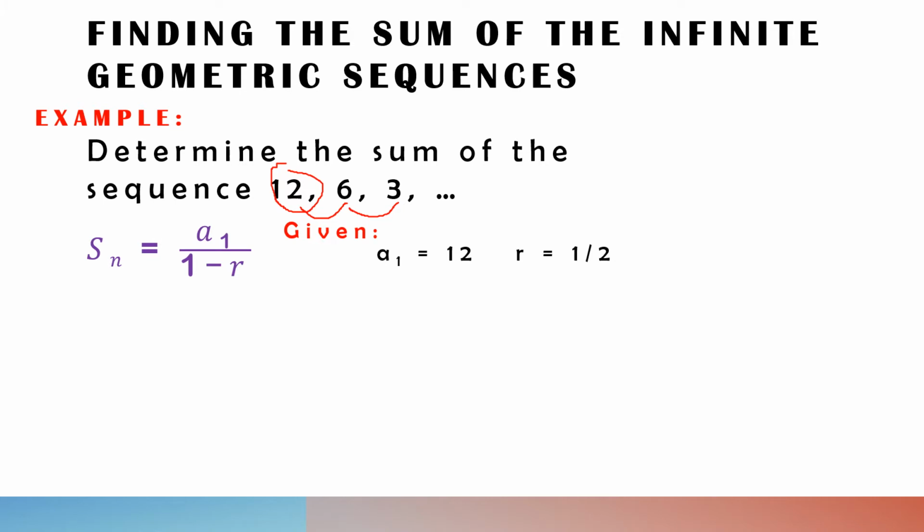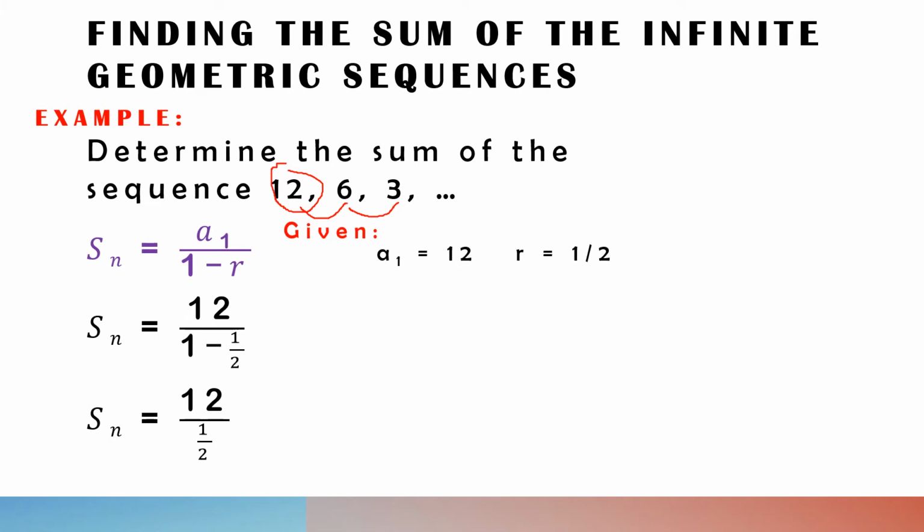Next, we are going to substitute the values of a sub 1 and r into our formula. Our a sub 1 is 12, while the r is 1 half. So 1 minus 1 half is 1 half. So S sub n is 12 over 1 half. How do we divide 12 by a fraction of 1 half?